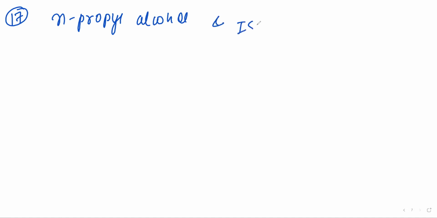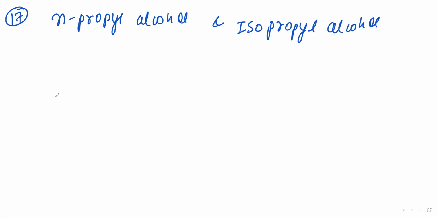Now look at question number 17. N-propyl alcohol and isopropyl alcohol can be chemically distinguished by?